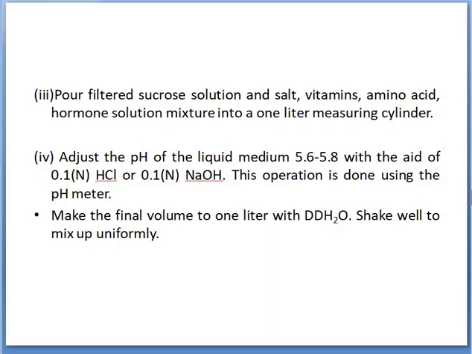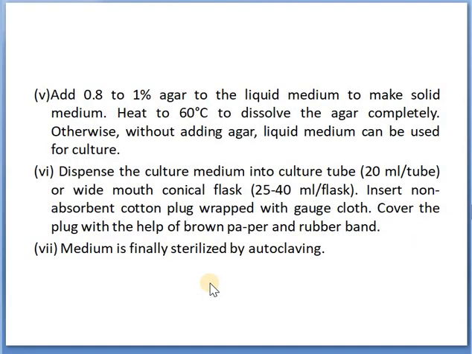The entire contents are mixed well to make a uniform or homogeneous solution. To this solution, agar is added at a concentration of 0.8 to 1% and heated to 60 degrees to allow the agar to melt completely. On cooling, this would give rise to a semi-solid media. In case we are going to use liquid media, then agar is omitted.